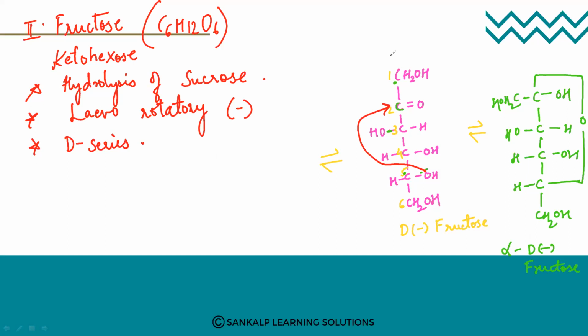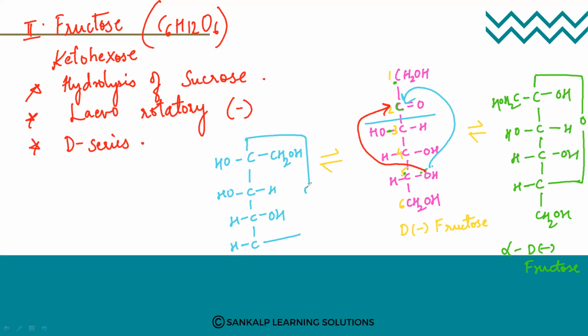Now the second way of representing. If the attack is taking place from this side of the carbon, then how will it be? So this will be H, then there is CH2OH, the OH will be on this side, then will be C, then HO, the remaining will remain the same, that is HOH, then CHOH, then CH, and that will be like this O and CH2OH.